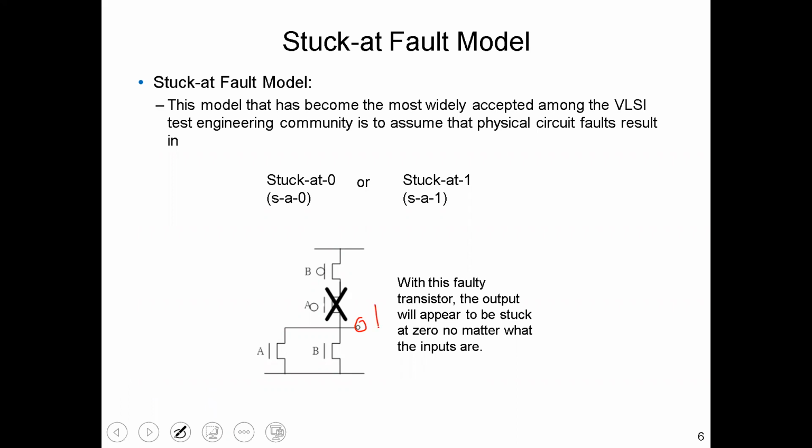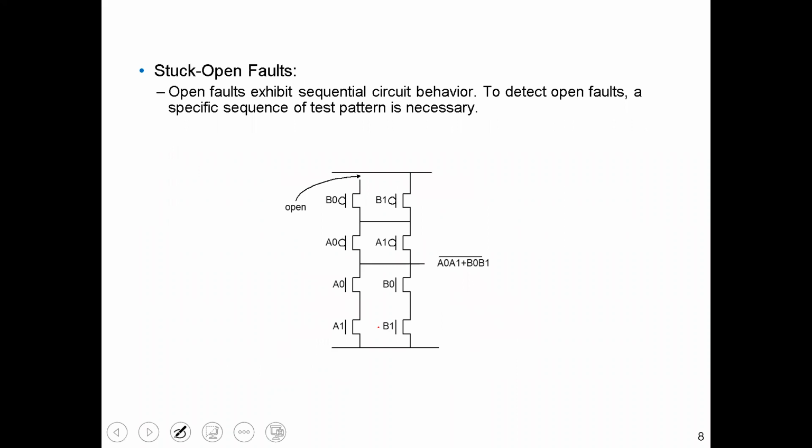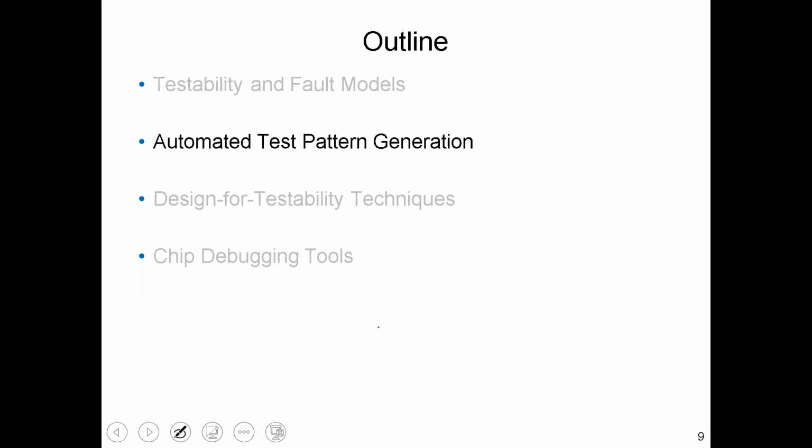It could be always at one or always at zero, stuck at some logic level. And this is a very widely accepted fault model. There are other models, but here in this course, we use this stuck-at fault model.